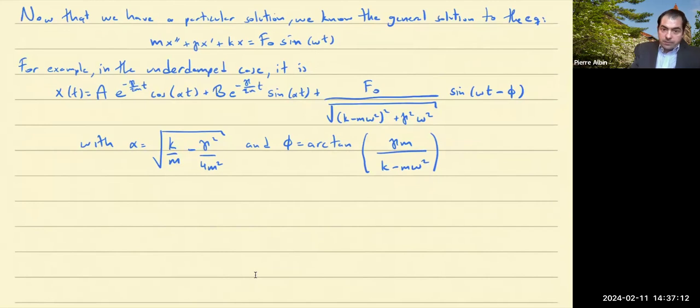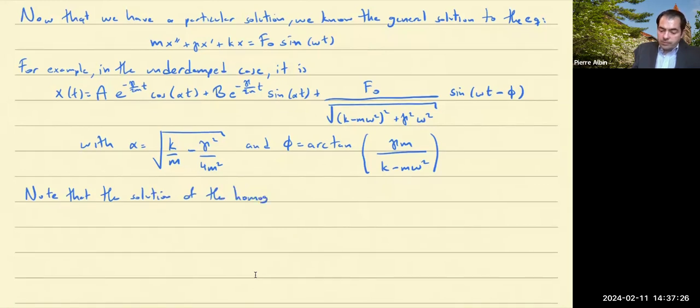So note that the solution of the homogeneous problem is, we could call, transient, in that it approaches 0 as t goes to infinity, right?